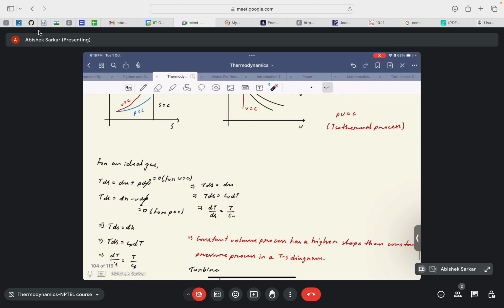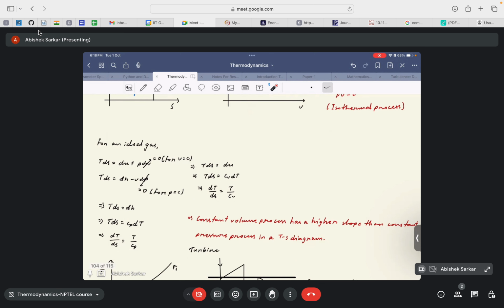Now if we similarly look at a constant pressure process, again we need to take the help of another thermodynamic property relation, that is TdS is equal to dH minus VdP. Why are we taking dH? Because now we want to see a constant pressure process, right? For a constant pressure process, the enthalpy comes out to be a more understandable choice, because it's a function of the specific heat at constant pressure Cp into dT.